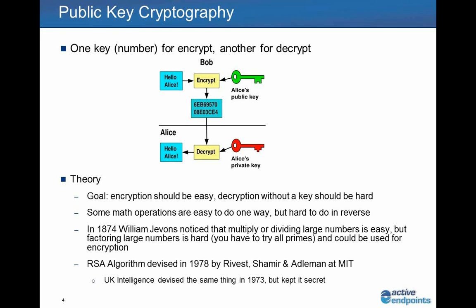That's the best known one, published by three guys at MIT. It happens that 5 years earlier, the UK intelligence had come up with almost the identical mechanism, but they weren't kind enough to publish it to the world. It is, I think, interesting that this did make it out as a public concept.